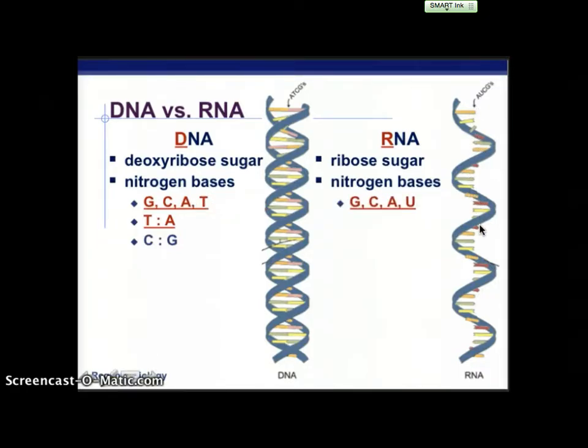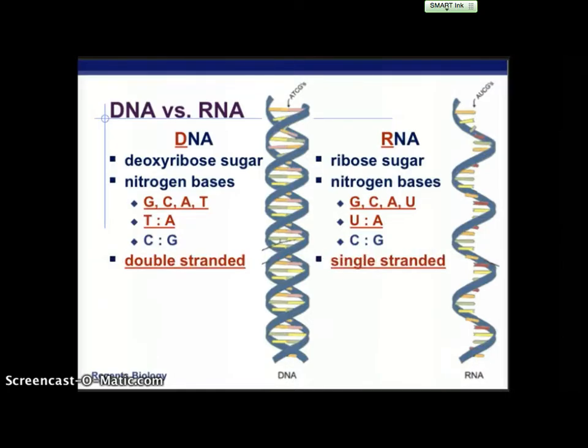However, you'll notice one difference. We have guanine, cytosine, adenine, and instead of thymine, we have U, which stands for uracil. U is going to pair with A, because it's replacing the T, and C is going to pair with G. As you already pointed out, DNA is double-stranded, whereas RNA is single-stranded.